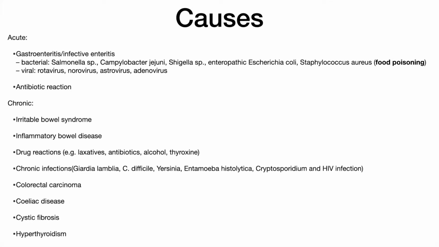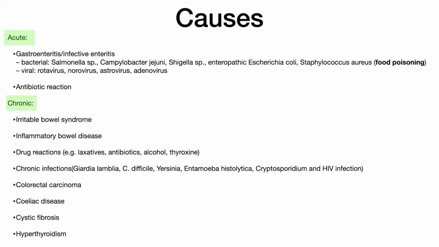Now, moving on to the causes of diarrhea, we have acute and chronic. So in acute, we need to consider gastroenteritis caused by bacteria and viruses. Here also consider food poisoning, and then also consider antibiotic reactions.